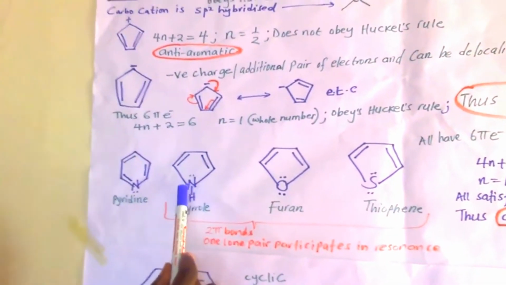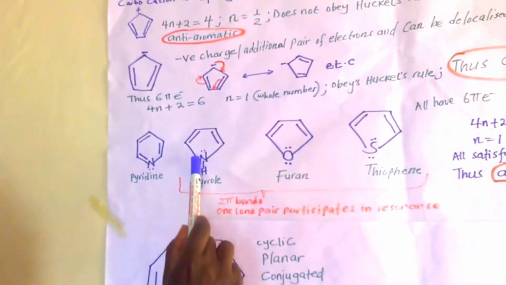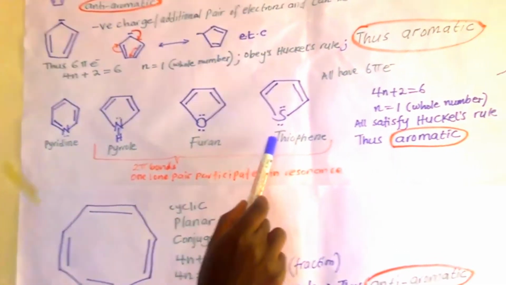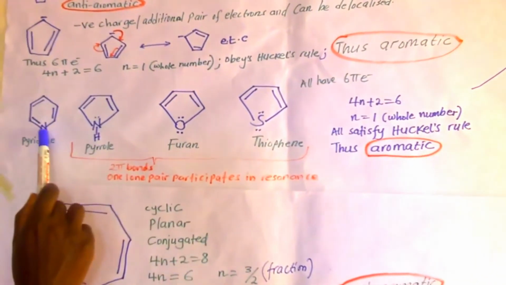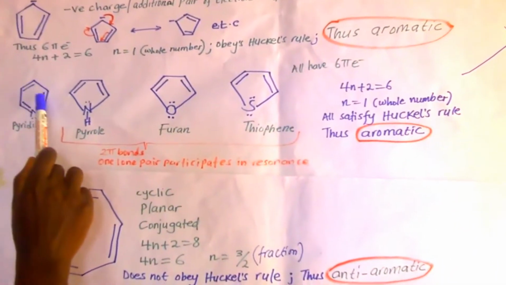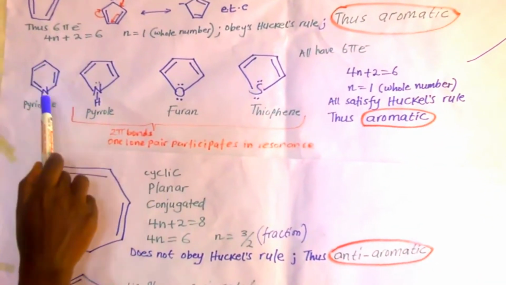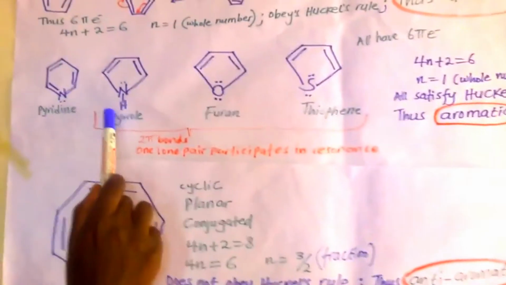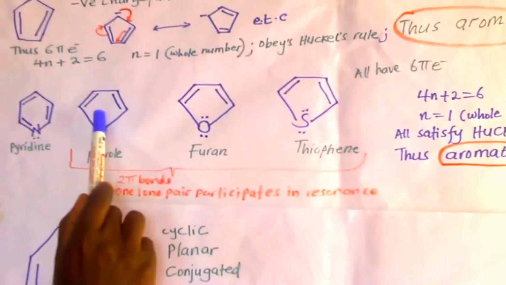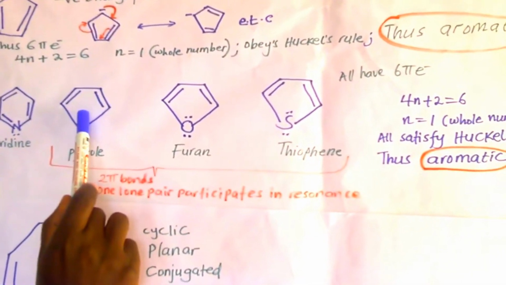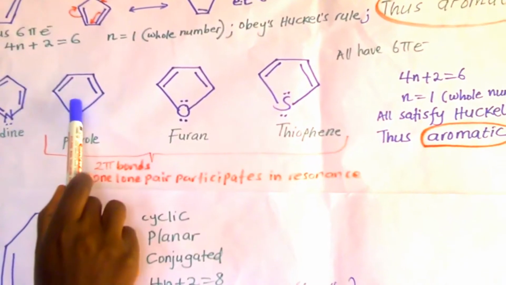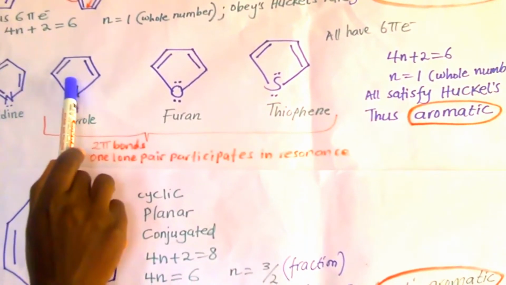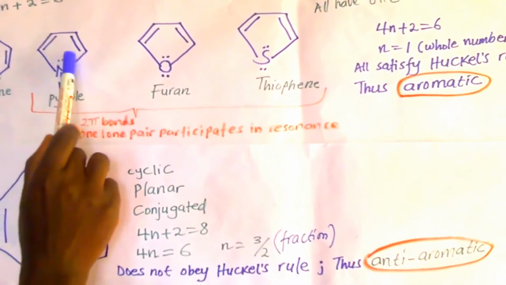Then how about these other compounds here? These are called heteroatom compounds, ranging from pyridine to pyrrole, furan, and thiophene. Looking at all these, pyridine has 6 delocalized electrons, just like a benzene ring. In all of them, they have 6 delocalized electrons. Looking at pyrrole, furan and thiophene, they have a lone pair of electrons on the heteroatom, which participates in the delocalization. Because this lone pair takes part in the delocalization, it's part of the ring.